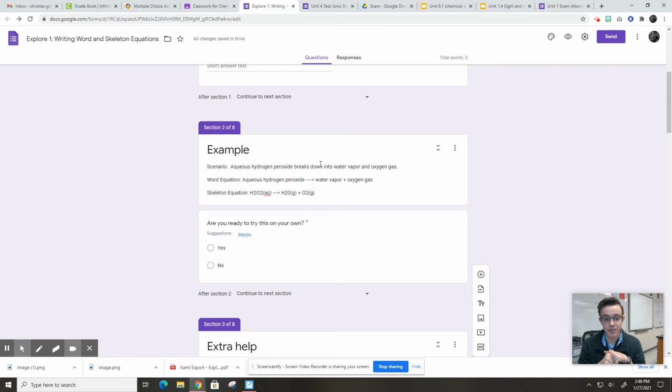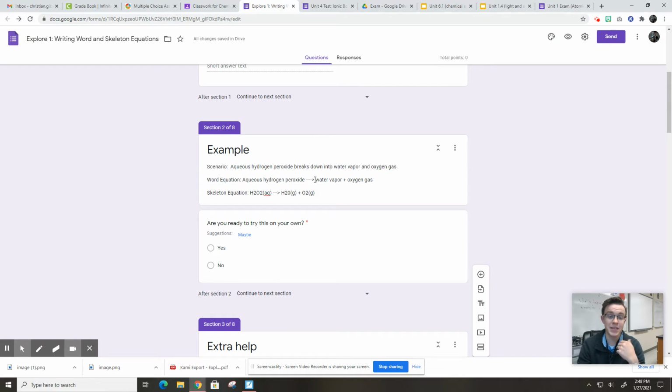You may see a couple phrases like that, like this substance reacted to form this, or combusted, or combined, or broke down, or decomposed to form this. All those words mean that a chemical reaction has taken place. So aqueous hydrogen peroxide breaks down, chemical reaction.